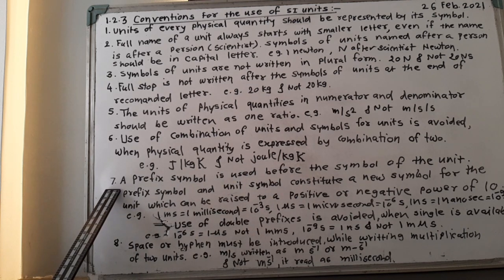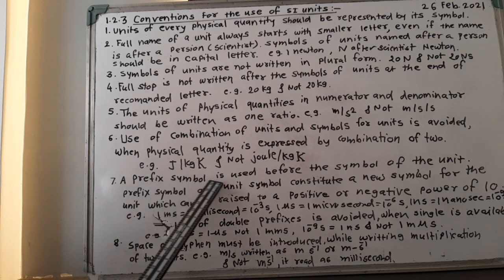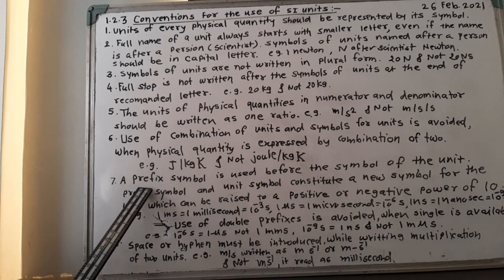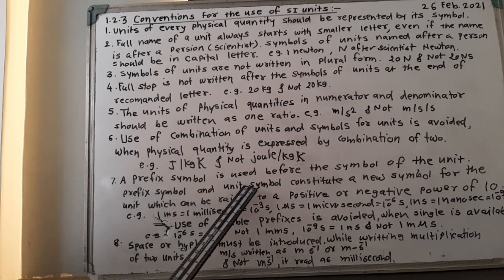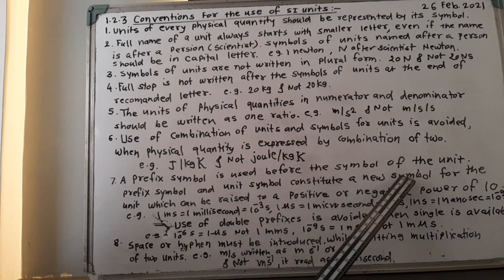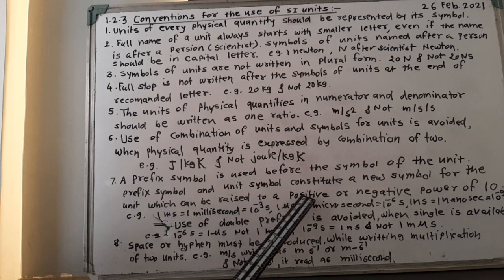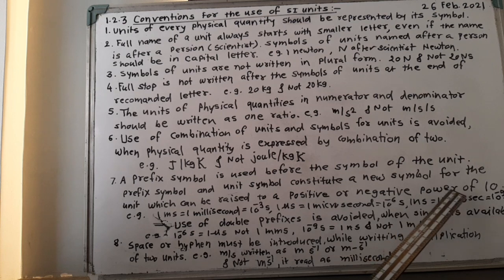Here the seventh rule, while using the SI system, a prefix symbol is used before the symbol of the unit. Prefix means the symbol which is coming before the unit. Prefix symbol and the unit symbol constitute a new symbol for the unit which can be raised to a positive or a negative power of 10.